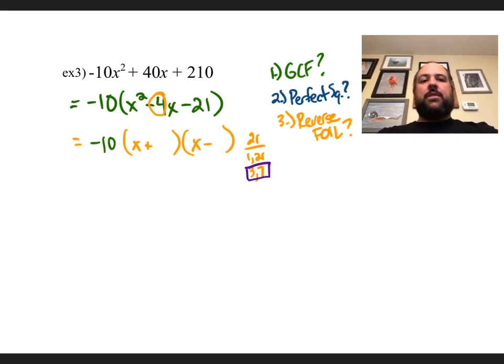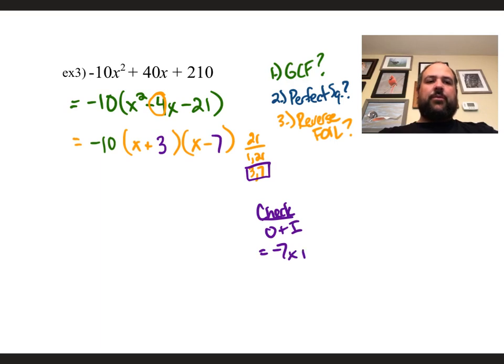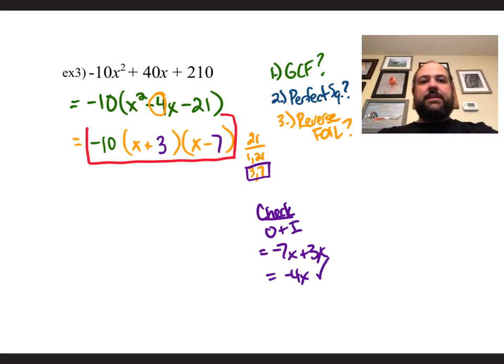I'm going to go with the +3 minus 7, because now when I do my check, if we do the outside plus the inside, that's going to give us -7x plus 3x. That gives us -4x. So that would be it. And this is our final answer: -10 times x plus 3 times x minus 7.